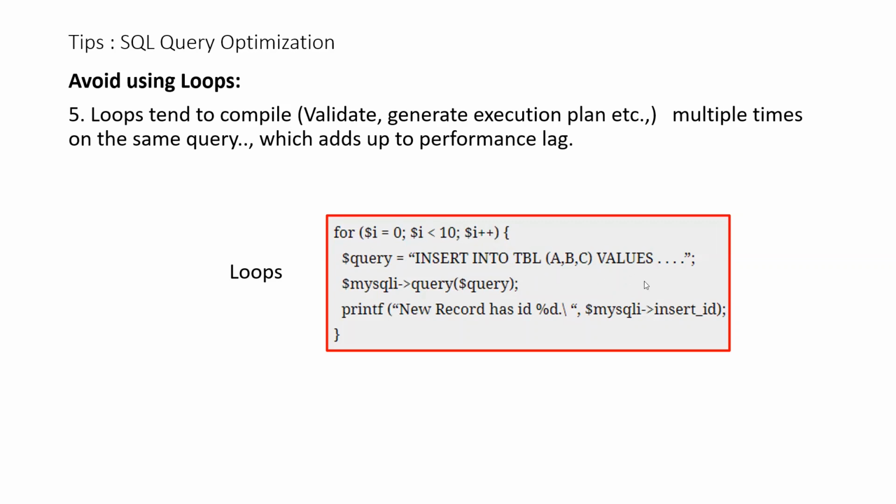That will add up to an accumulation of unnecessary compilation time, and it will lead to performance degradation. That is one reason. But even if your query is not that compilation intensive, people still don't recommend loops, because loops by nature are very inefficient.